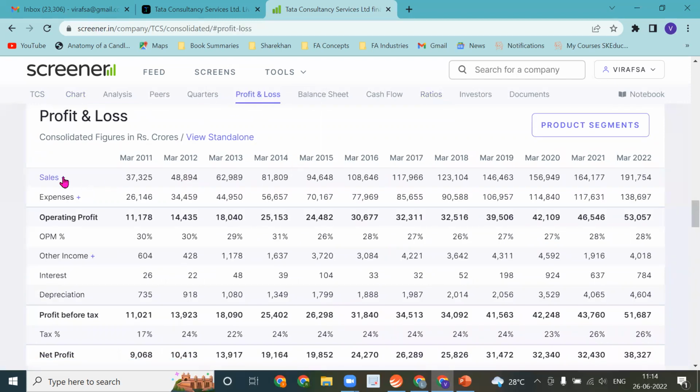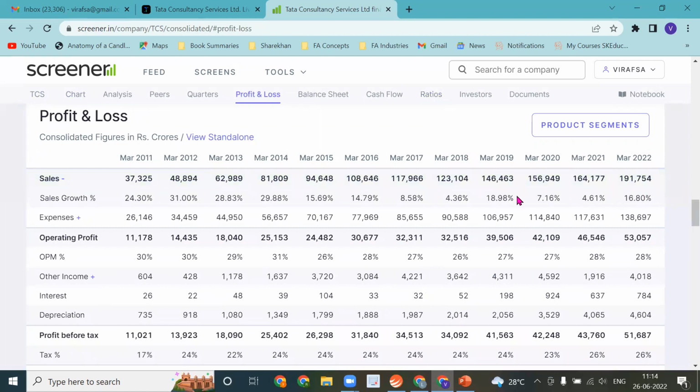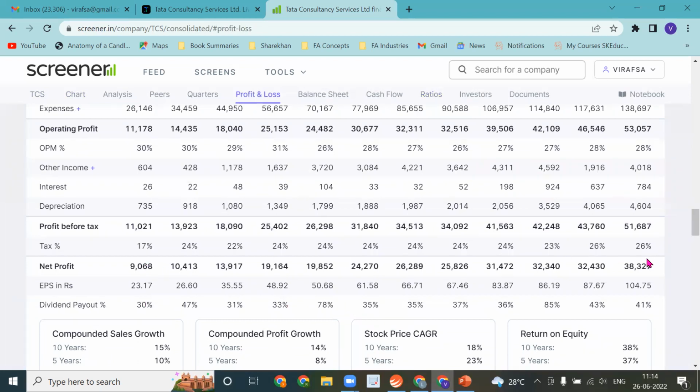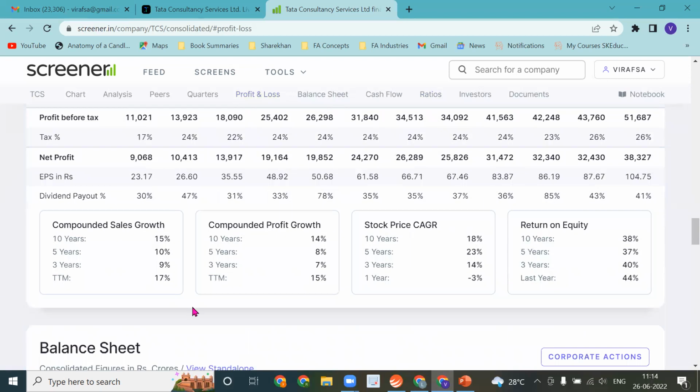Sales, profit margins, net profit, all these are telling me the company is doing relatively very well.